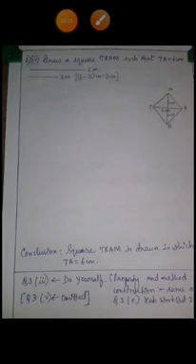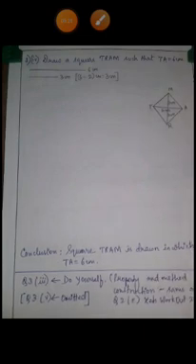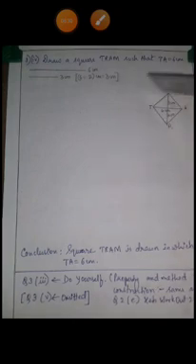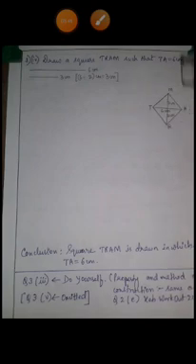Because just look at the diagram. When you look at the rough diagram, you find that we always name the square or name any quadrilateral in clockwise direction or anti-clockwise direction. So that's why whenever you are naming it, you will have to name in this way, TRAM.